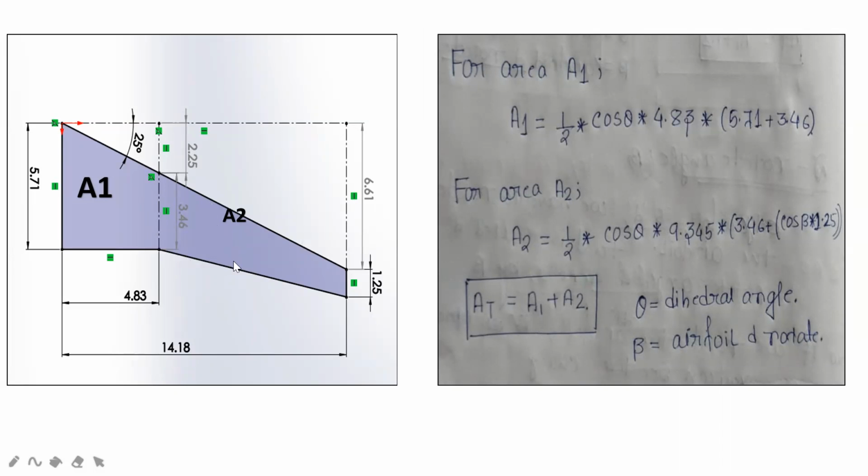Similarly, for A2 the parallel lengths are 3.46 and 1.25, and the perpendicular distance should be like this. So the value of A2 is half into cos theta of 9.345 into 3.46 into the cos beta of 1.25. Then we will get the value of A2, and the total area is A1 plus A2. Here theta is the dihedral angle and beta is the airfoil derotated angle. What is theta and what is beta? We will discuss later.